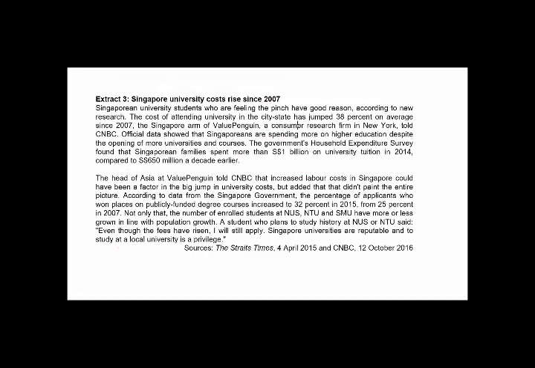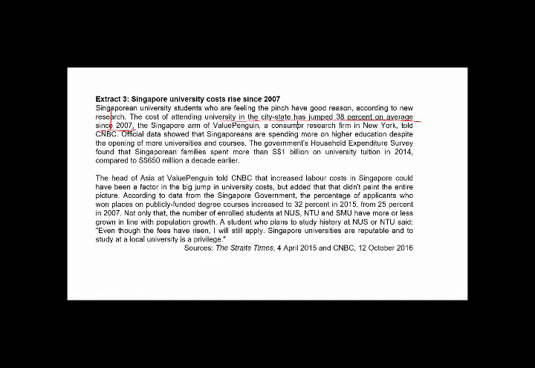Okay, extract 3. Extract 3 is something more relevant, something that will impact you in the next few years or so. University cost rising, and this is something that we are experiencing. It is found that the cost of attending university has jumped 38% since 2007. That's quite significant.